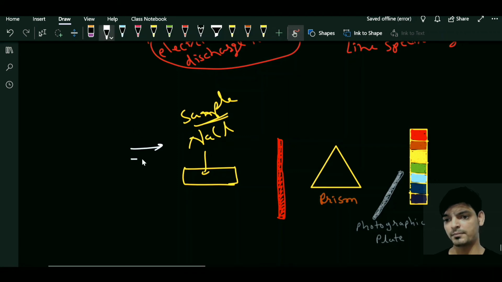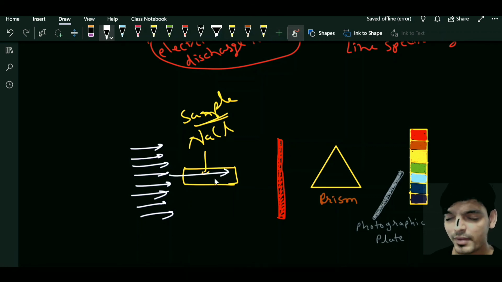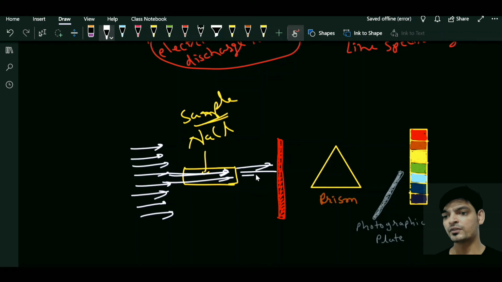Suppose we are passing white light through this sample. So what will happen here? Some of the electromagnetic waves will be absorbed by the compound.